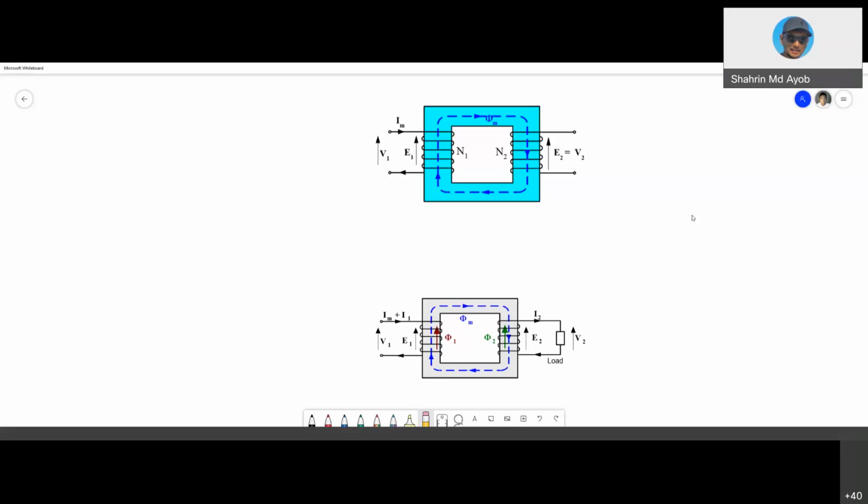How can we perform some testing? We have what is called the no load test and also the short circuit test. Both tests are used to obtain the parameters of the transformers.